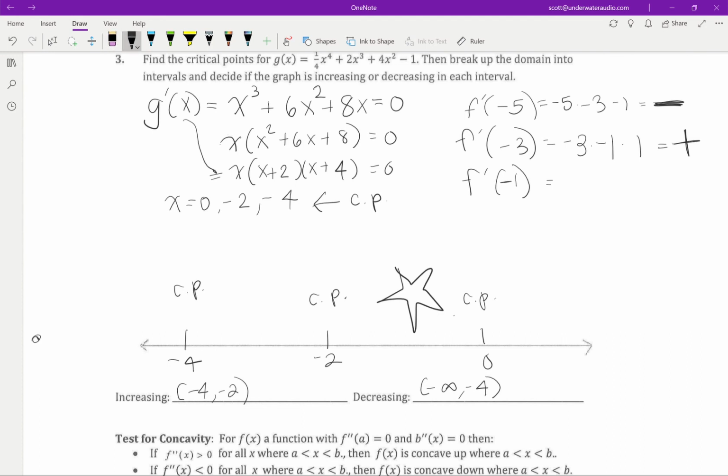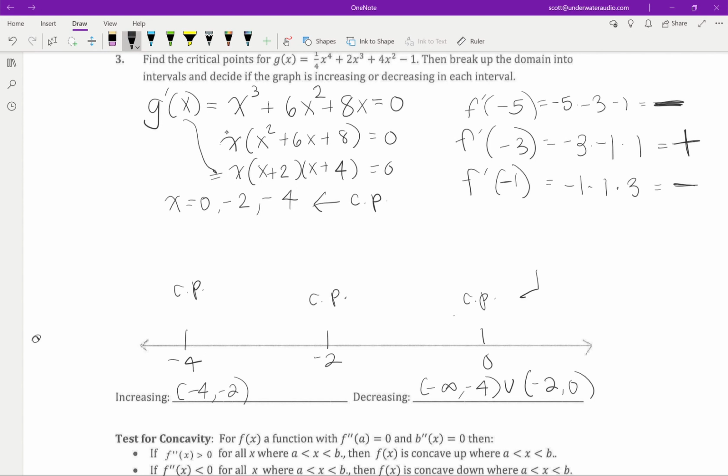So that would be -1 times -1 plus 2 is 1 times -1 plus 4 is 3. It's a negative number. So that tells me it's decreasing on this interval, -2 to 0. And we're almost done. One last interval to do.